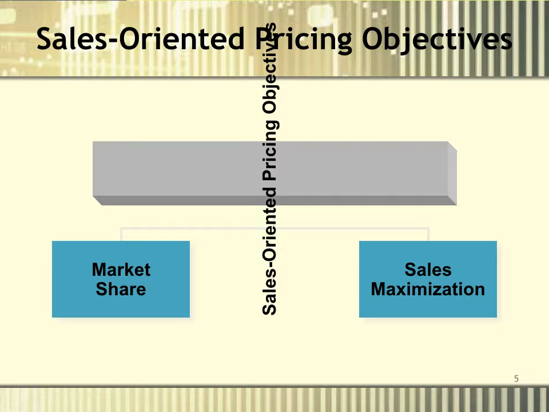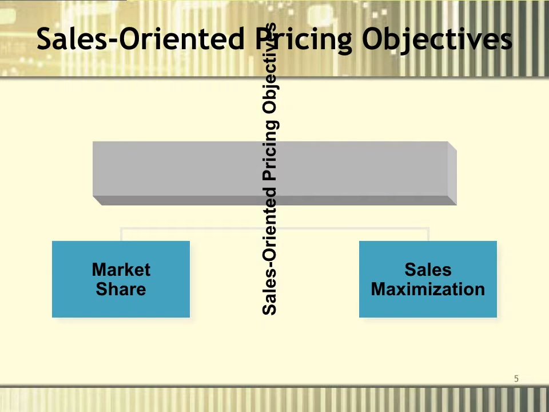So as far as sales-oriented pricing objectives, like I said, you may do it for reasons other than simply making money. It may be to move inventory so you can turn that inventory into cash and purchase more relevant current inventory depending on your product and your industry. So that's a sales maximization.